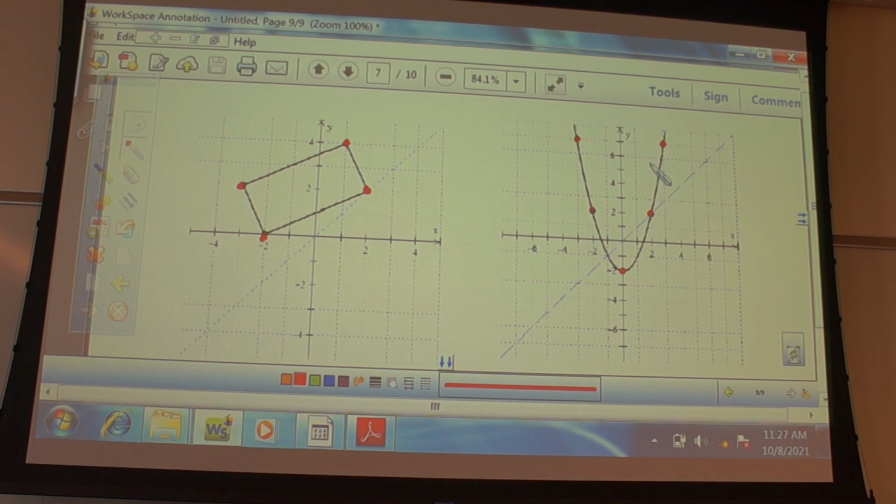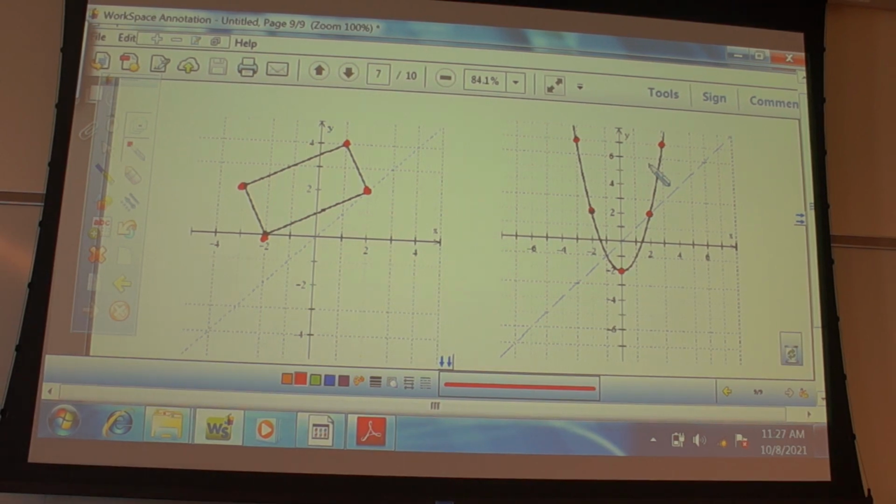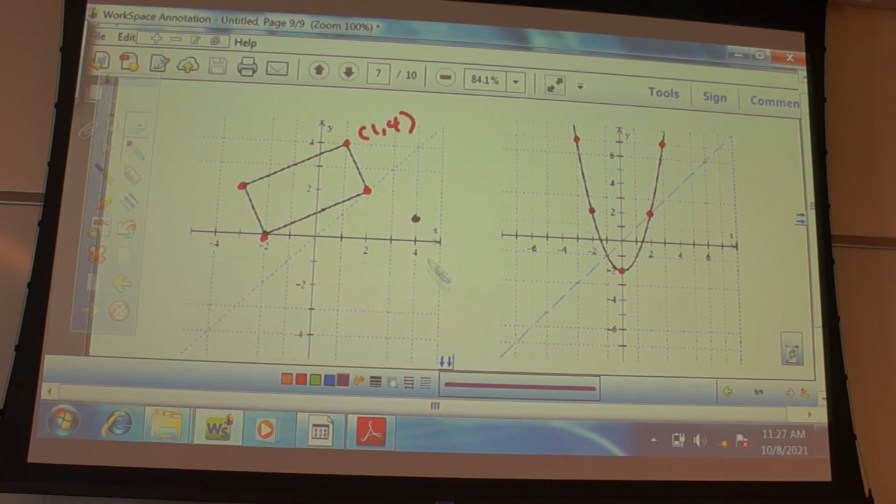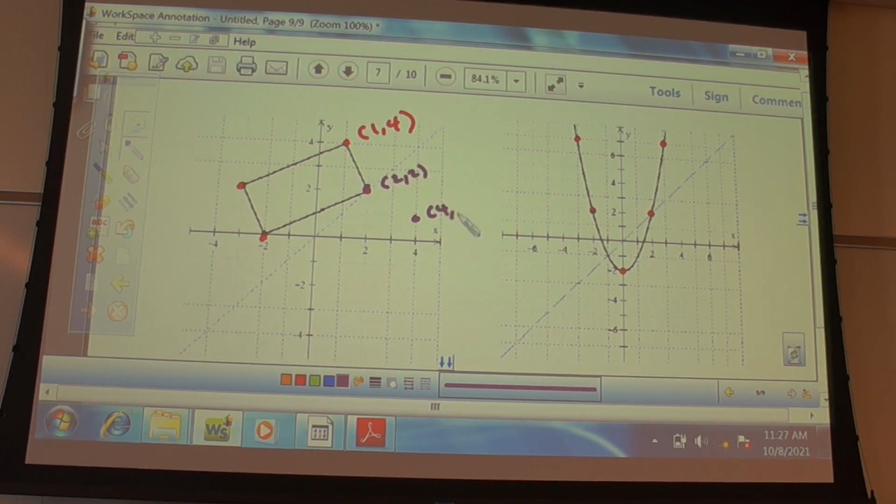Like this point is 1, 4, and I know its inverse must be 4, 1. This one is 2, 2, so its inverse must be 2, 2. Then draw a line between them. And what is this one? -2, 0. So its inverse must be 0, -2.